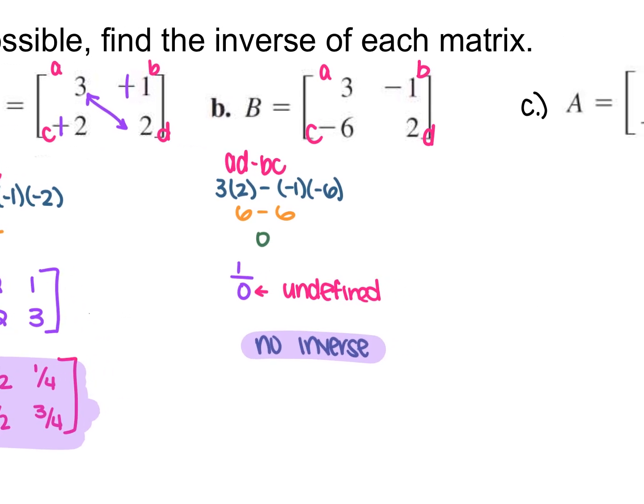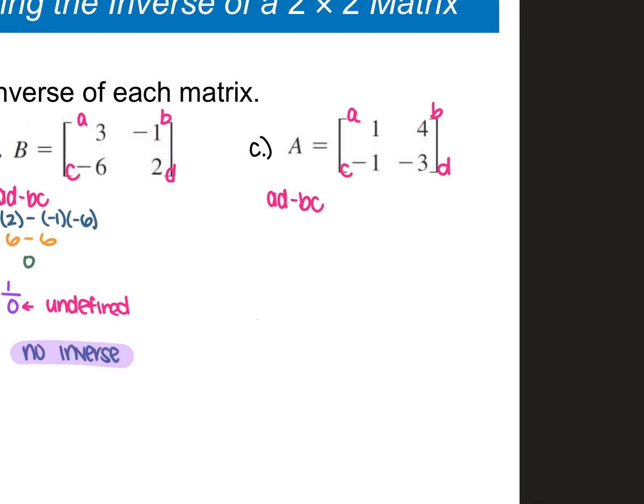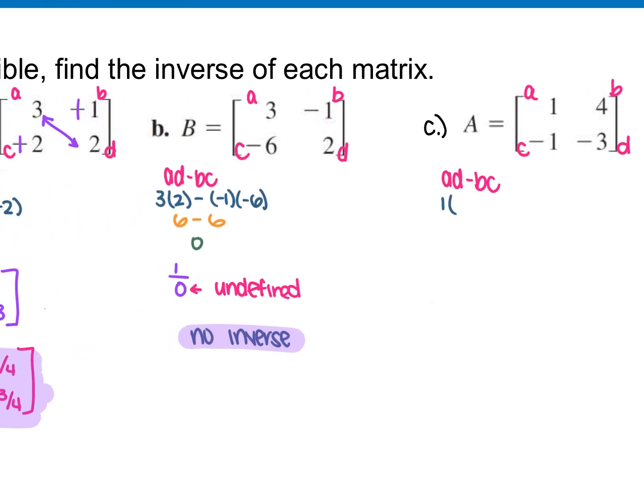For example C, we have 1, 4, -1, -3. So our A, B, C, and D are there. We're going to find A times D minus B times C. This is going to give us 1 times -3 minus 4 times -1. 1 times -3 is -3. 4 times -1 is -4.